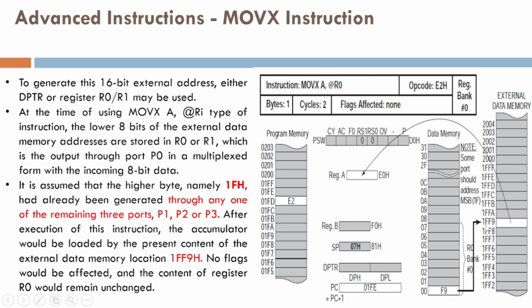So the upper byte of the address is available through P1, P2, or P3, and the lower byte, F9, is available from R0 through port P0, and it is then used to address the external data memory.